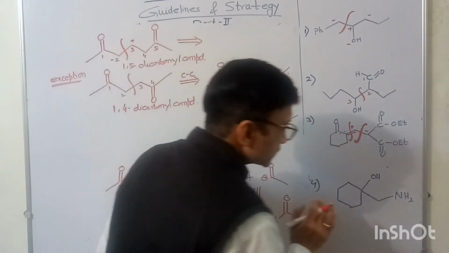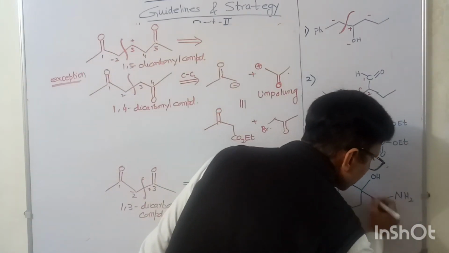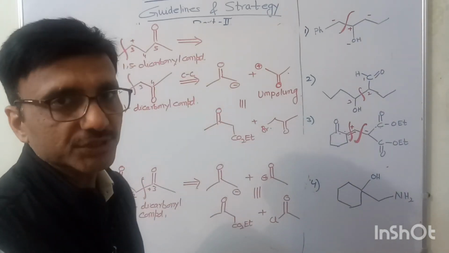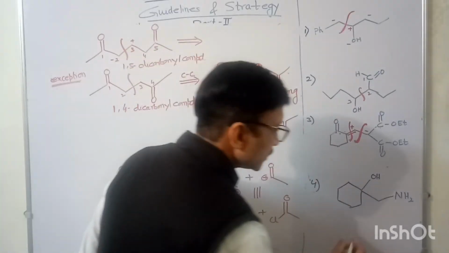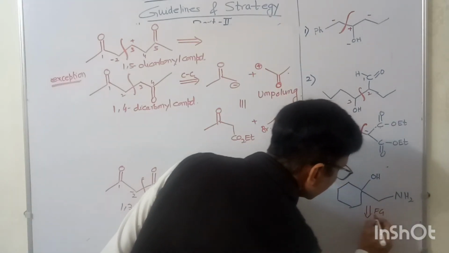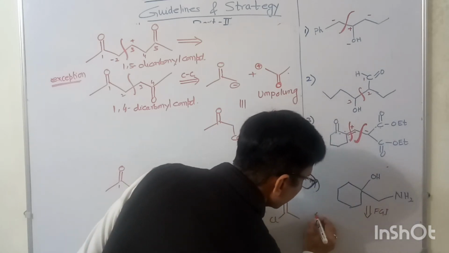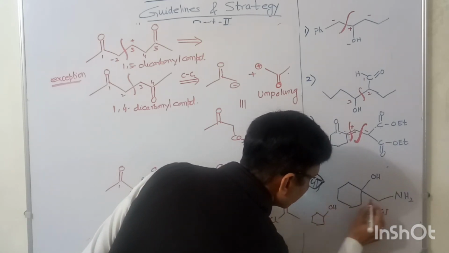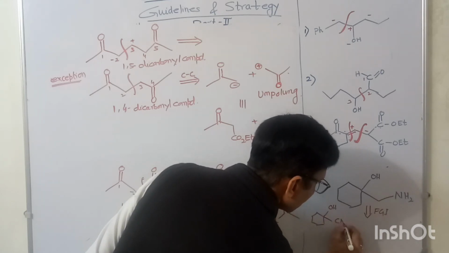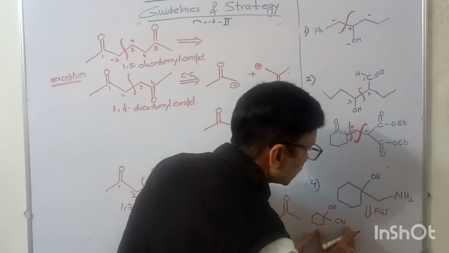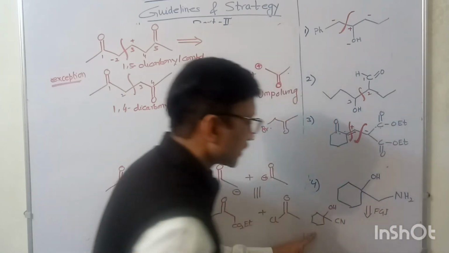In this case, as I told you, if this NH2 is present, then we should do the FGI first, and after FGI that can be converted into this CN. So this, on hydrolysis, and on reduction, will give this target molecule.